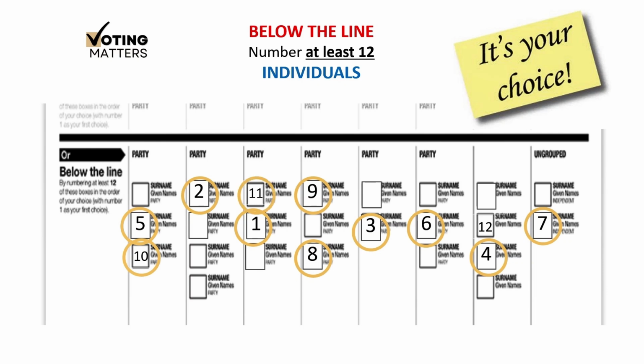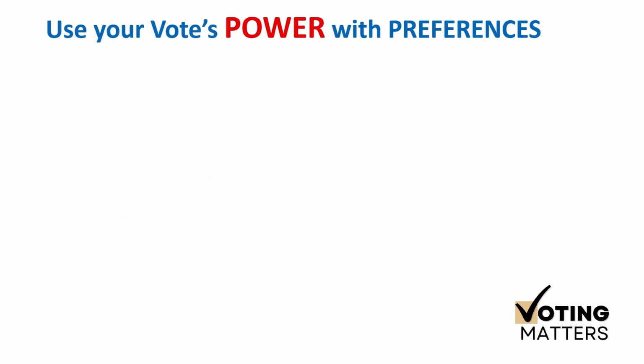Also, because you are not required to number every box, you can ignore bad candidates, giving them no vote at all. Remember, voting below the line means that you control the power of your preferences. Use your vote's power with preferences.